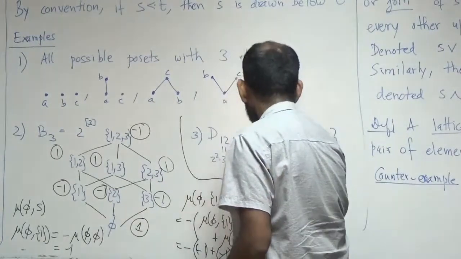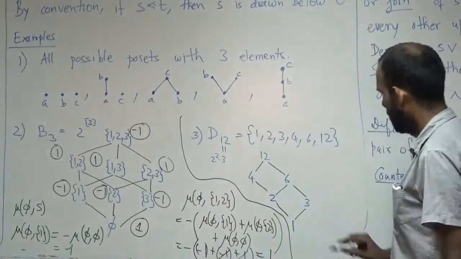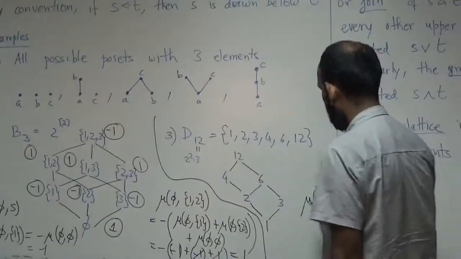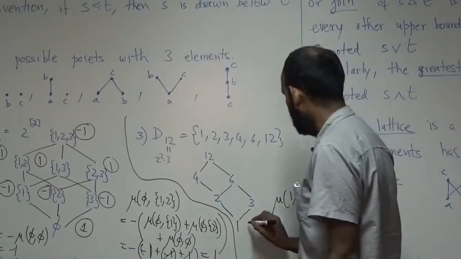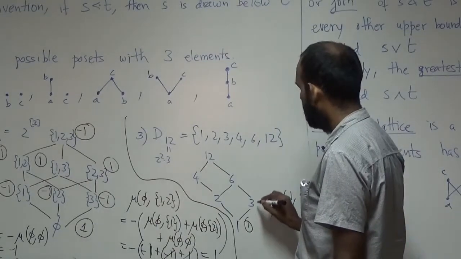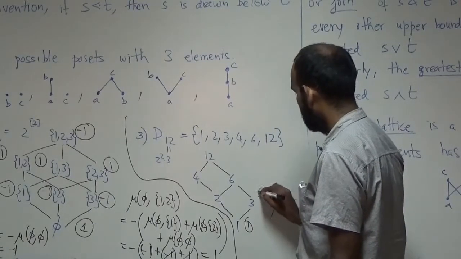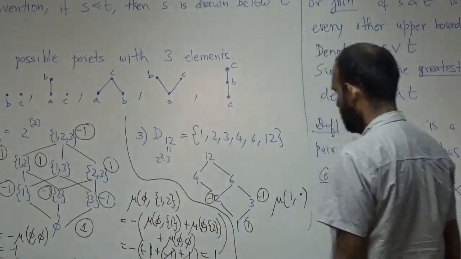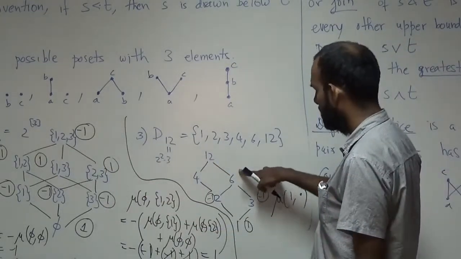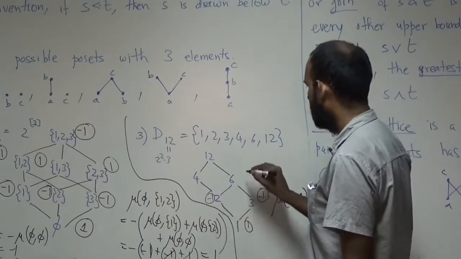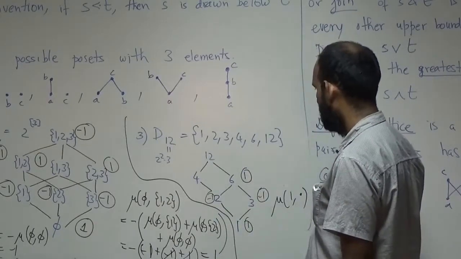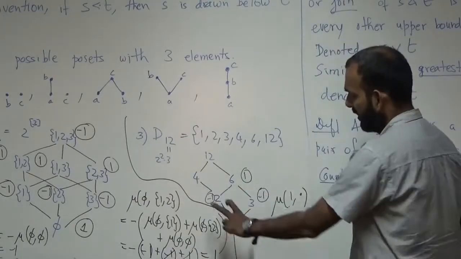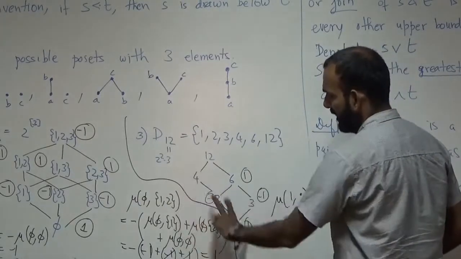Maybe I'll divide it. Okay. So for this POSET, let's calculate mu of 1 and whatever element. So for 1 it will always be 1. For 3 it will be minus 1 and 2 it will be minus 1, just by the same argument as before. For 6 it will be 1. But for 4 I will have to sum all the guys below 4.